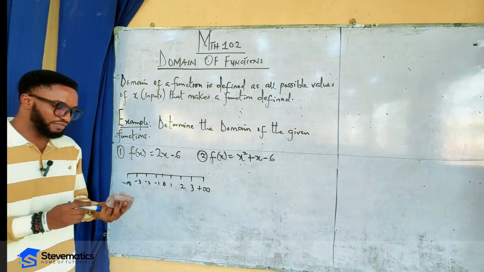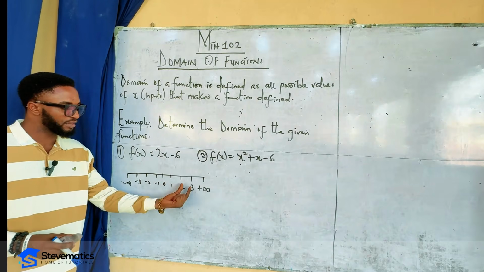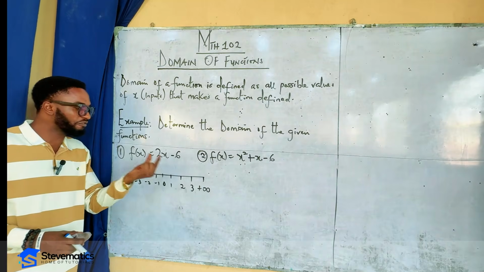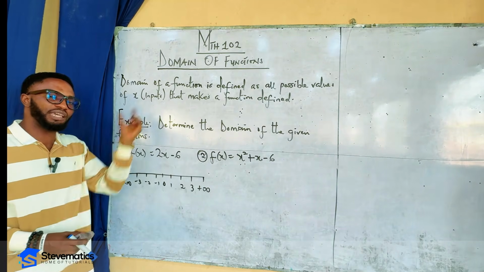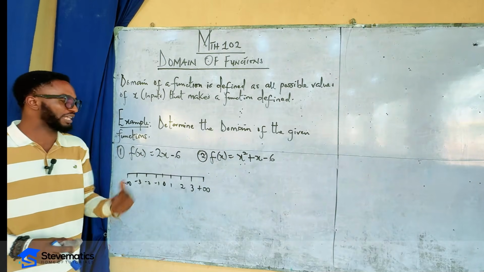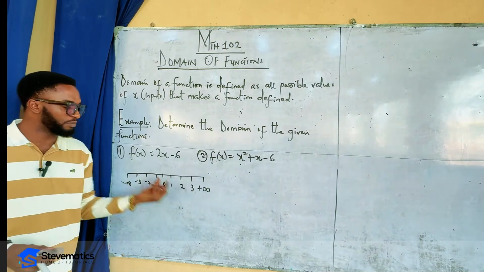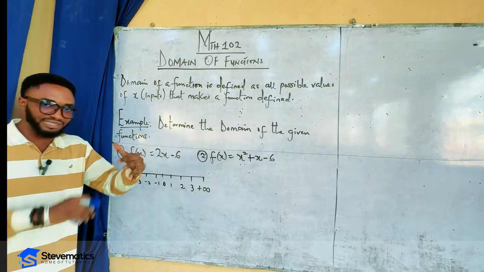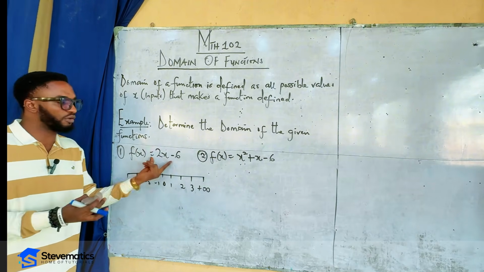Any of these values of x that you pick from here and input into this function, that's why it is called input, it is what you are fixing inside the function. Any of these values you input into this function gives you a value, makes that function defined. That set is the domain of the given function.